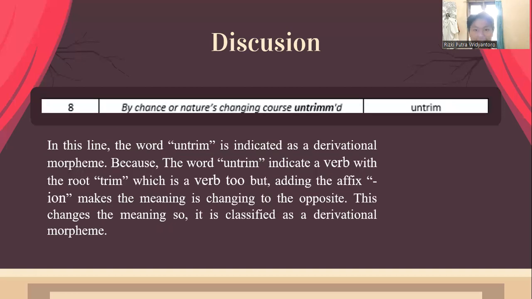Next is in the eighth line, the word untrimmed. The word untrimmed is a derivational morpheme because it is a verb with the root trim, which is a verb too, but adding the affix un- changes the meaning to the opposite. A derivational morpheme does not just change the word class, but can also change the meaning to the opposite of the word. So it is also classified as a derivational morpheme.